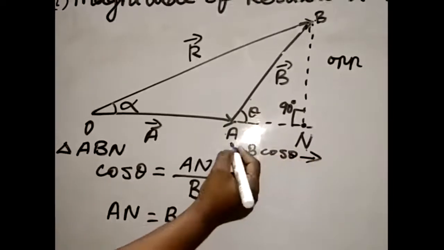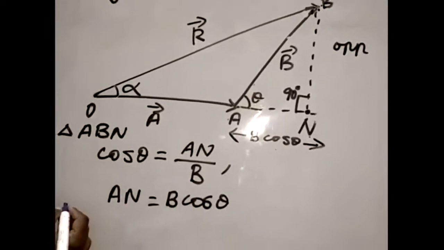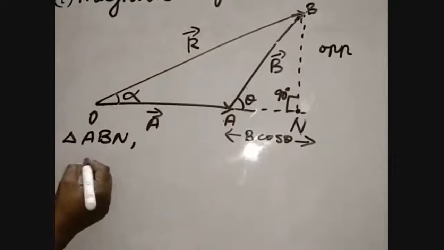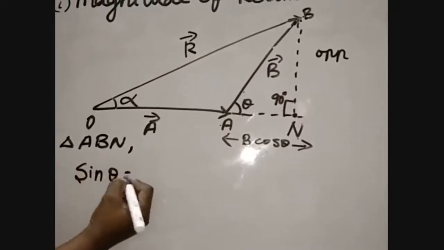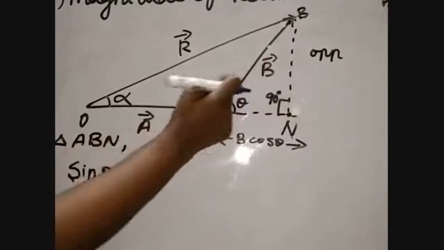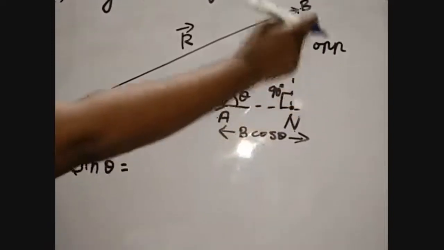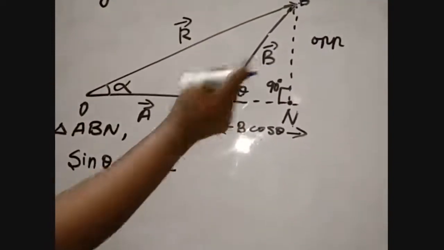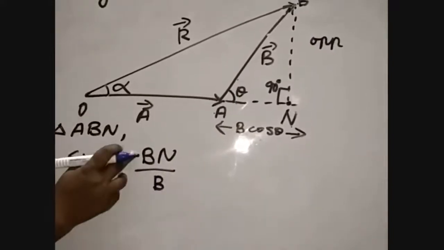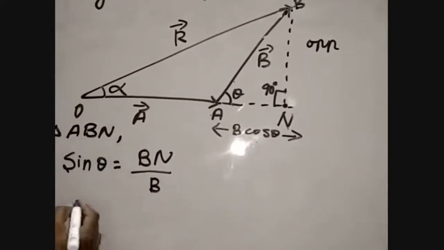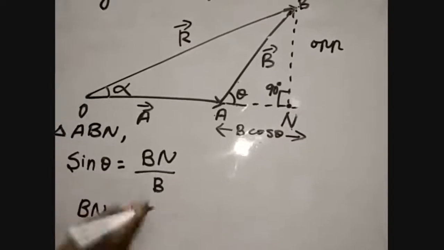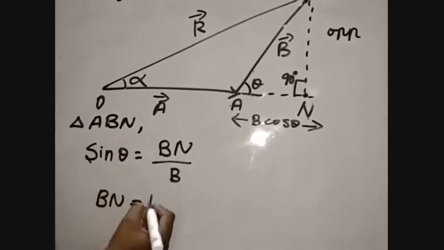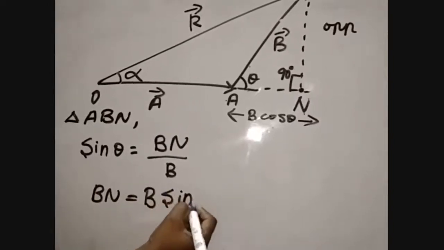Now find out the value of sin theta. This angle ABN. Sin theta equals opposite side by hypotenuse. Opposite side value BN by hypotenuse value B. From this find out the value of BN. BN equals sin theta into this B. So B into sin theta.